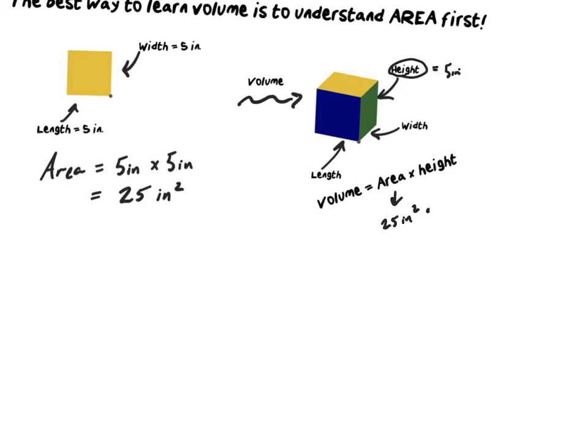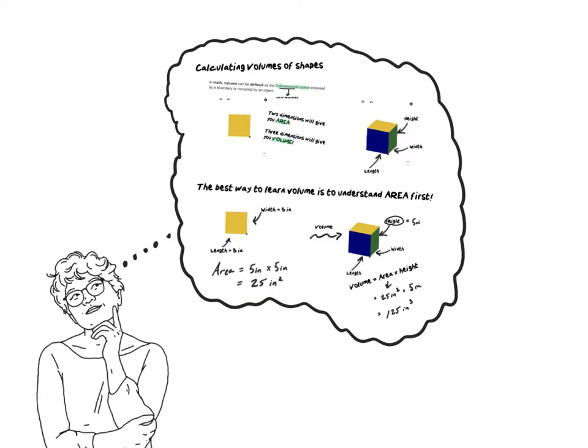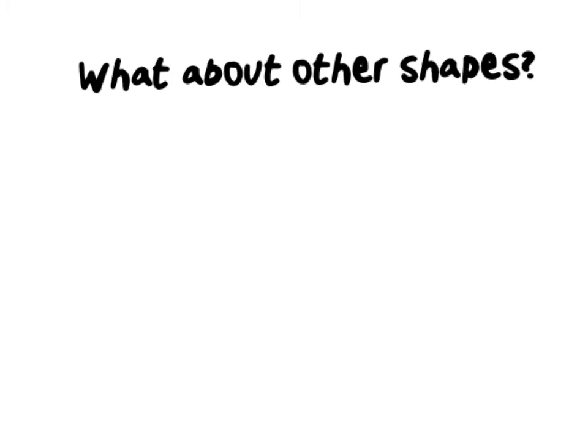So we have 25 inches squared, and then we multiply it by 5 inches, and that should give us a total of 125 inches cubed. So that's your basics on how to find volume of an object that has a length, a width, and a height. So what about finding volumes of other shapes?